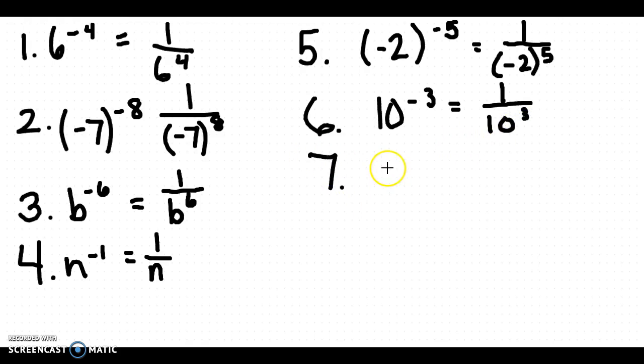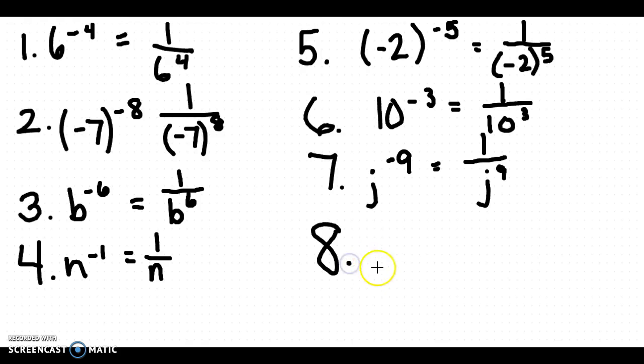For number 7, j to the negative ninth is going to equal 1 over j to the ninth. And finally, number 8 is a to the negative second. That's going to be 1 over a to the second, or a squared. So that was your exercises for the first part. Let's go ahead and look at them for the second part.